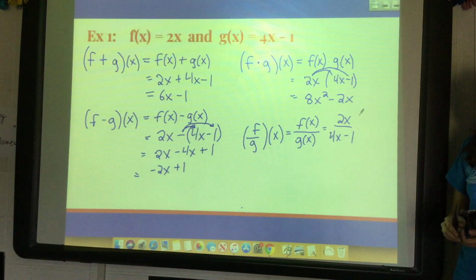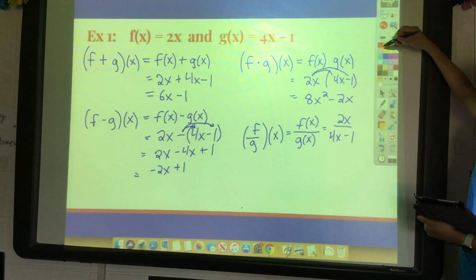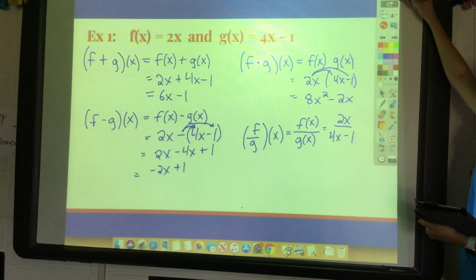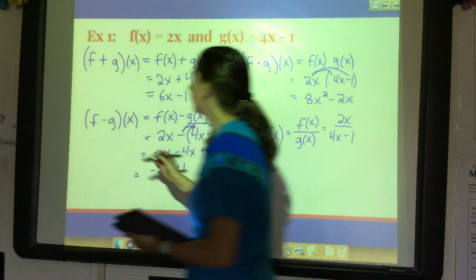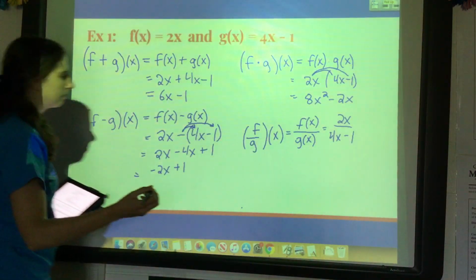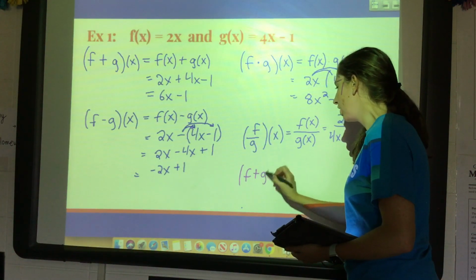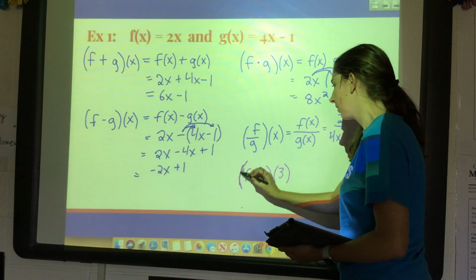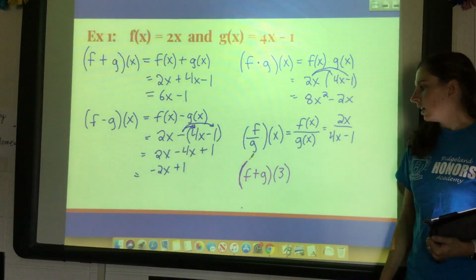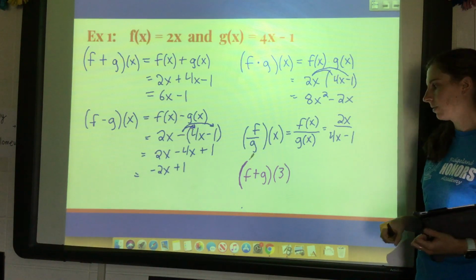Okay. So now what happens if we try to combine these and also put a number in? So for example, what if I wanted to do f plus g of 3? There are two ways you can do this, and either of them will work.